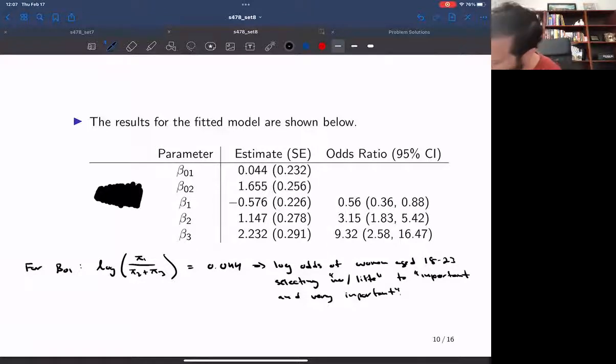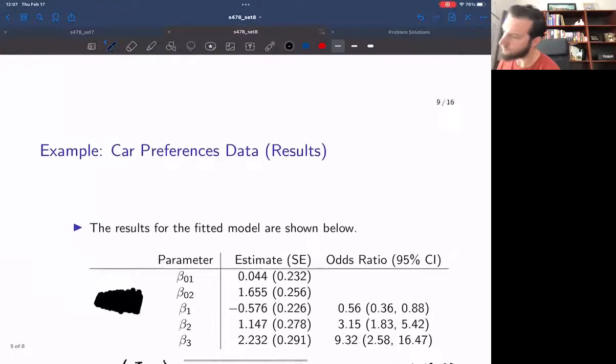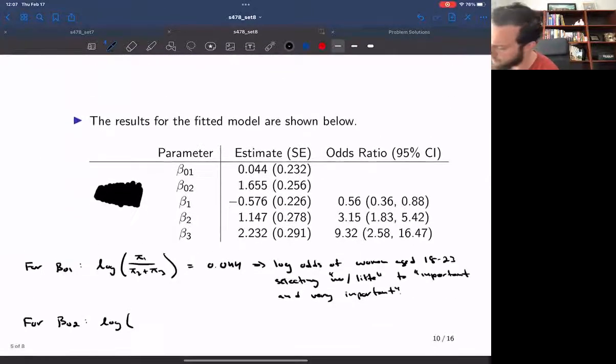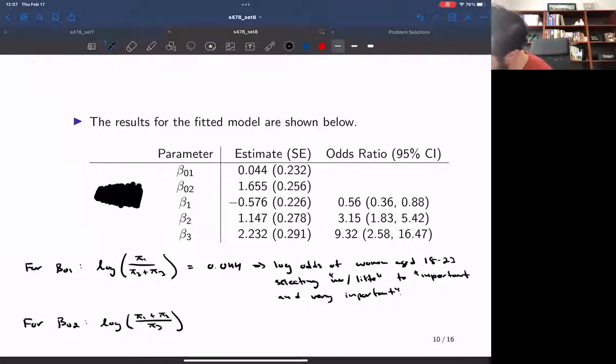Okay, and then for beta 0,2, we would have log of pi 1 plus pi 2 over pi 3, which is 1.655.